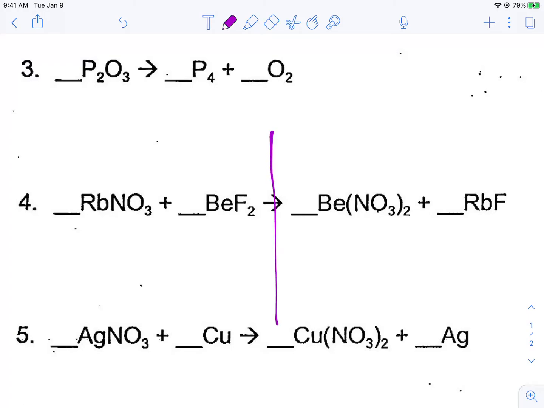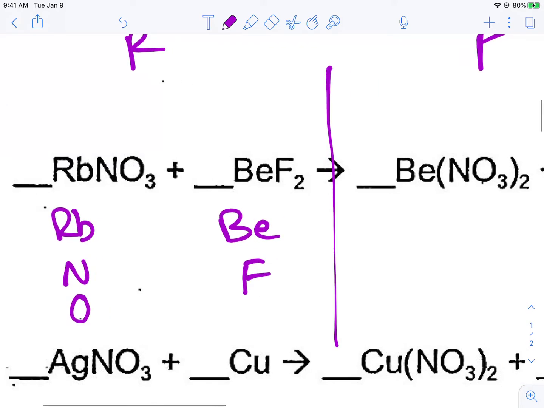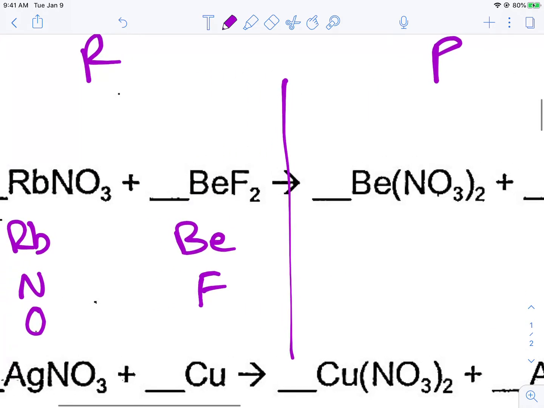So, how you do this type of equation, there's two ways you can do it. We're going to do it the normal way. That's where you divide it into your two sides, reactants and products, and then you write your individual elements down below. So then you get rubidium, nitrogen, oxygen, beryllium, and fluorine. And then over here, we're going to do the same order, even though it changes in the reaction.